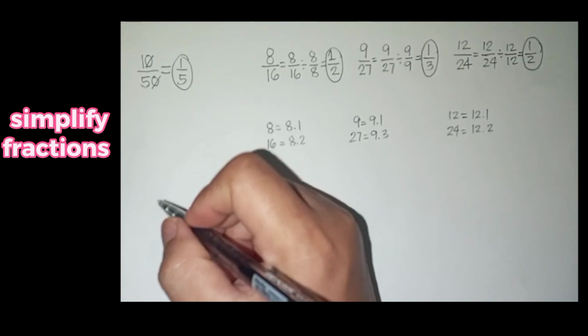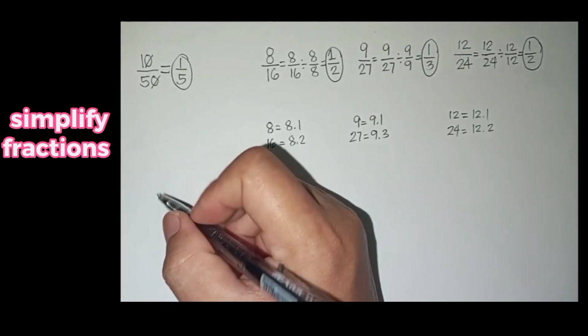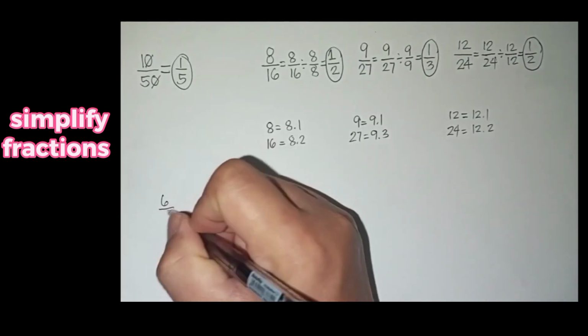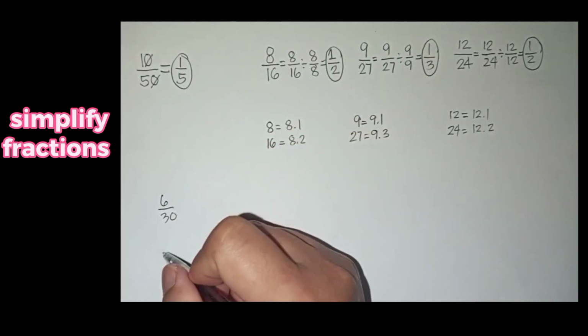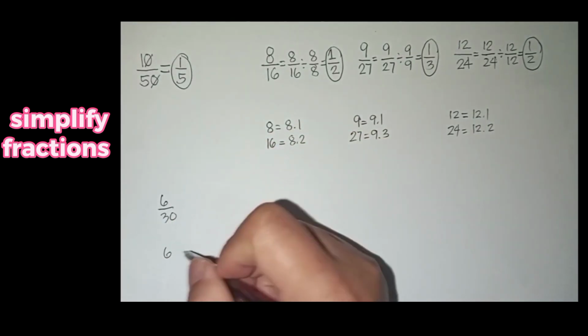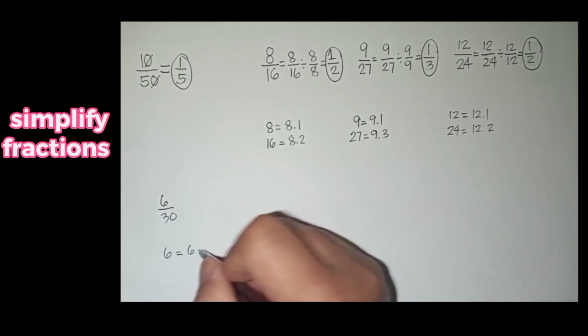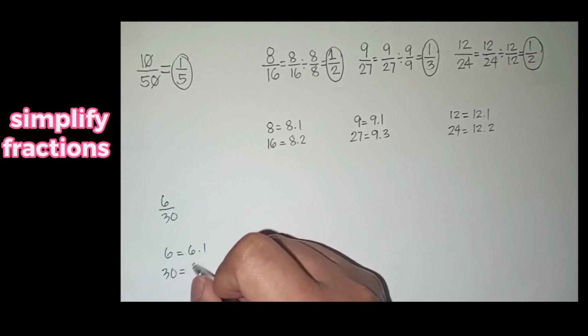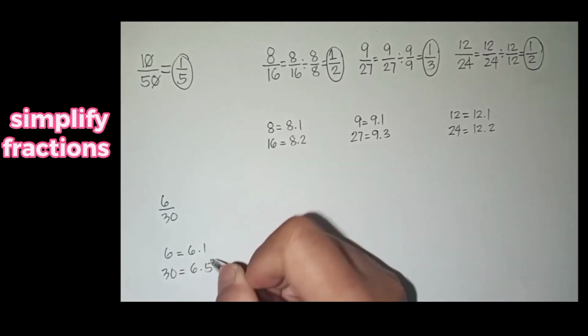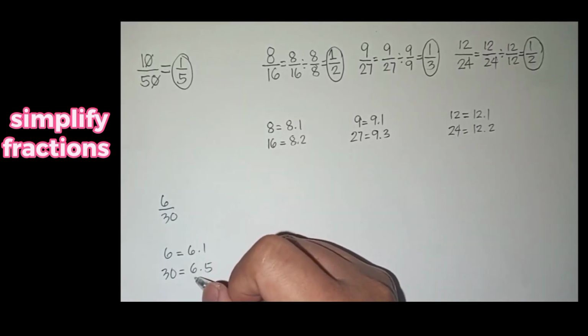Okay, now let's proceed to our next example. So we have there 6 over 30. First we have to factor out 6, and that is 6 times 1. And 30, that is 6 times 5. So our GCF here is 6.